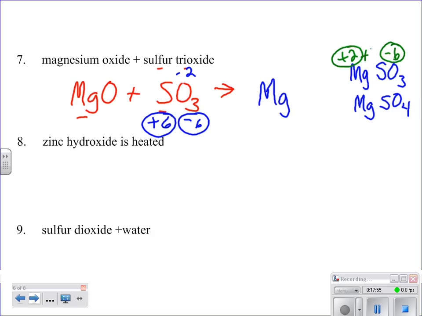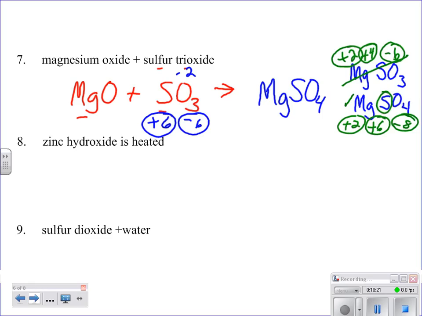So that doesn't work with what we just said. Here, plus 2 and a total of minus 8 for our oxygen gives us a total of plus 6 for our sulfur. So this is the answer. It's got to be that one in order for it to work out right. So magnesium sulfate.